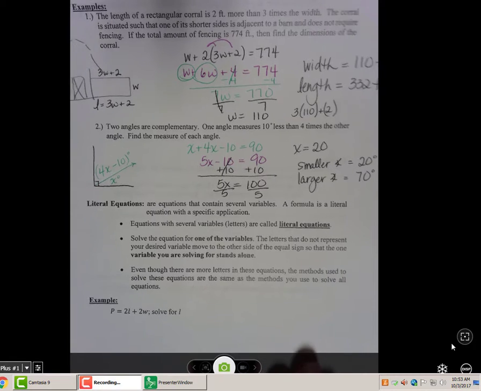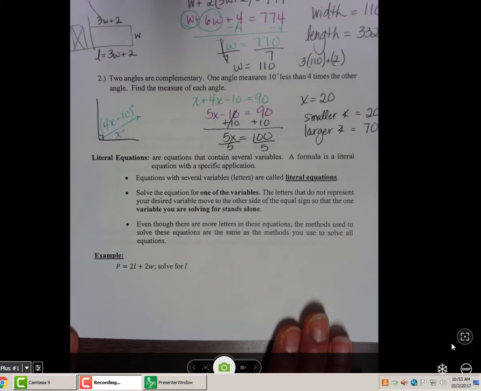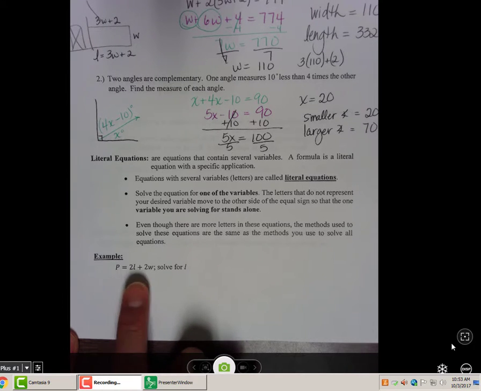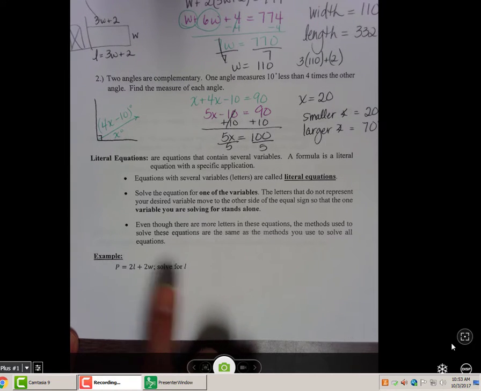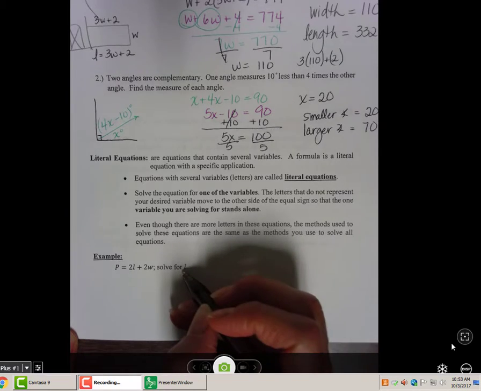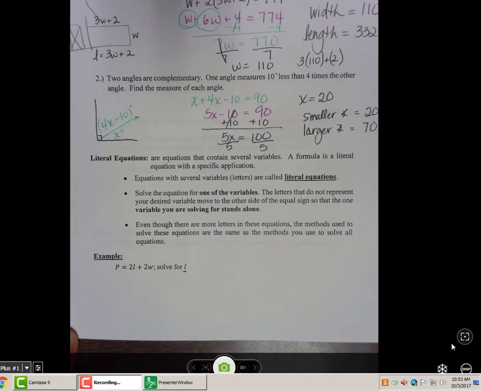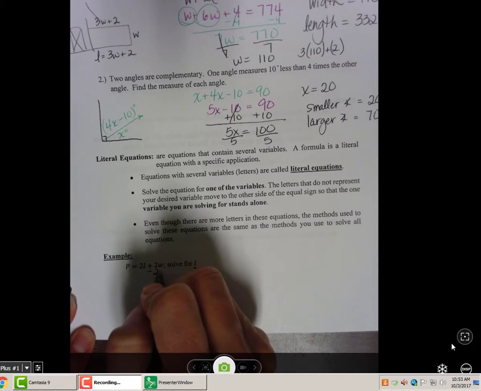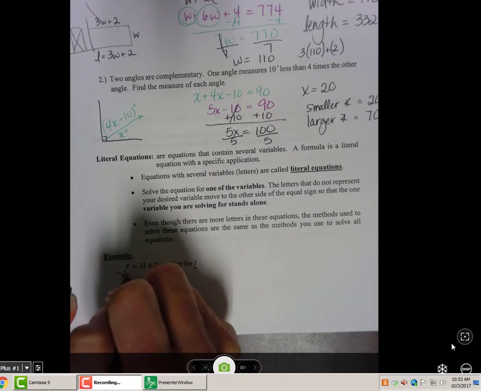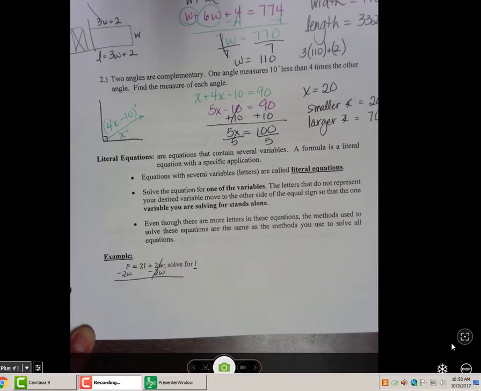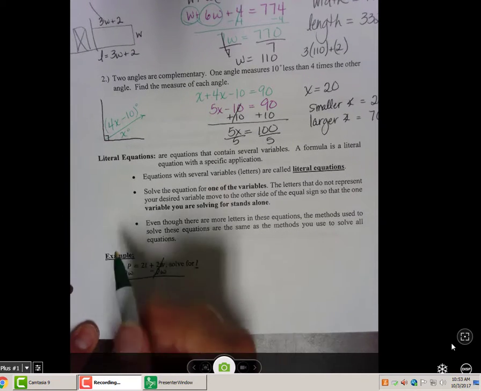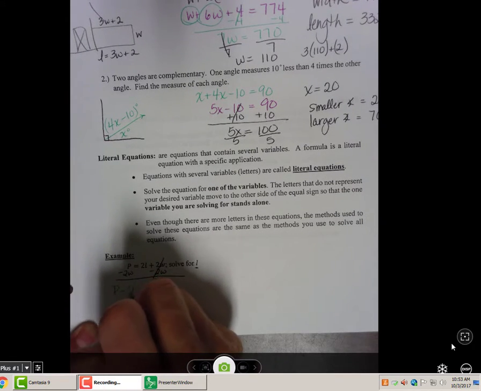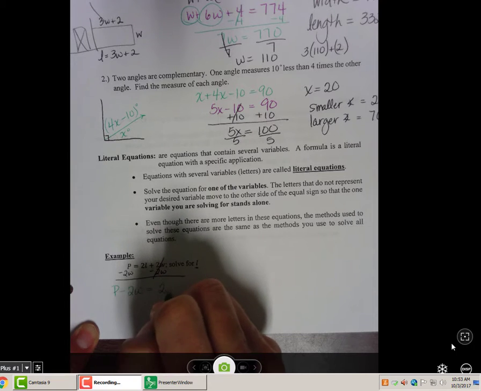In this example, we have essentially perimeter equals 2 of the length plus 2 of the W, and we're being asked to solve for L. That means we need to isolate L. Okay. So I'm going to first start by moving everything away that's not directly connected to L. And so I have P minus 2W equals 2L.